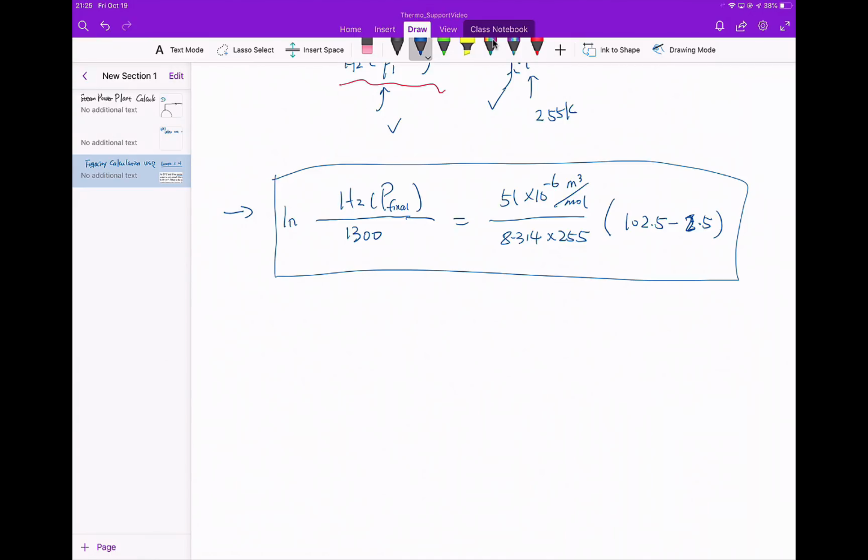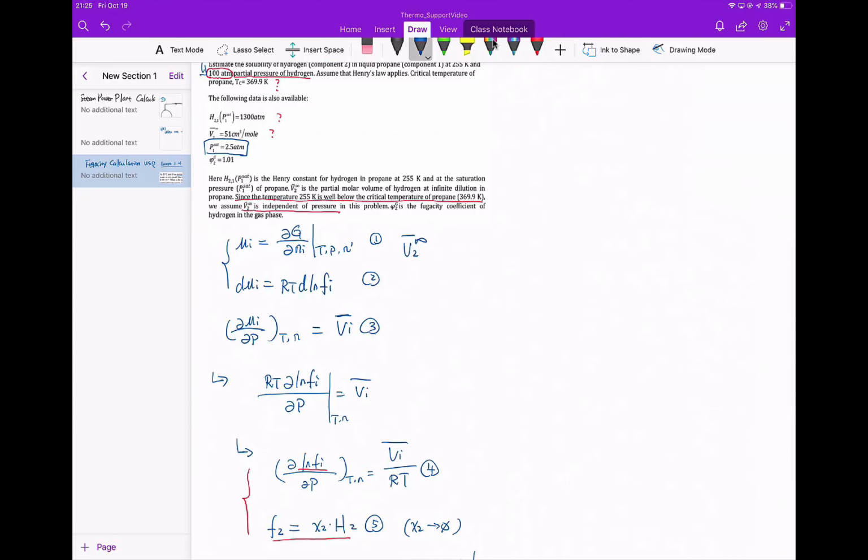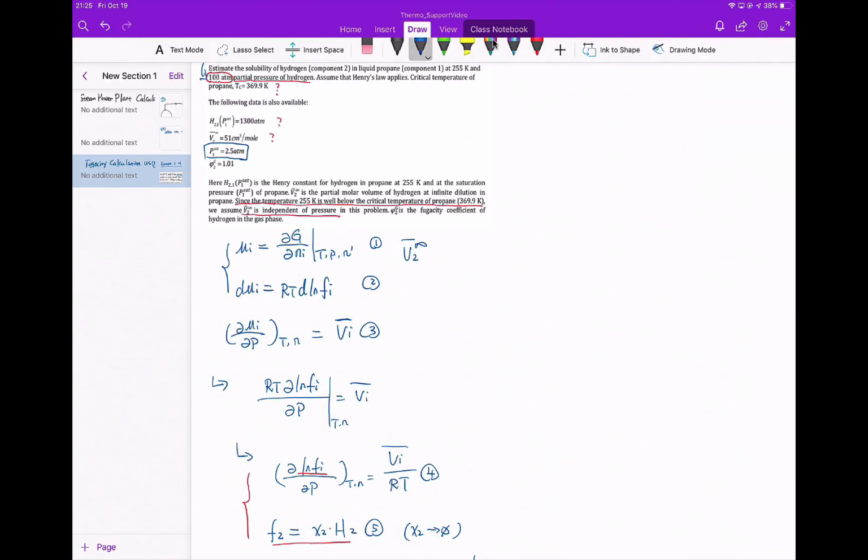On the other end, we also have the fugacity coefficient, which I have not used yet.